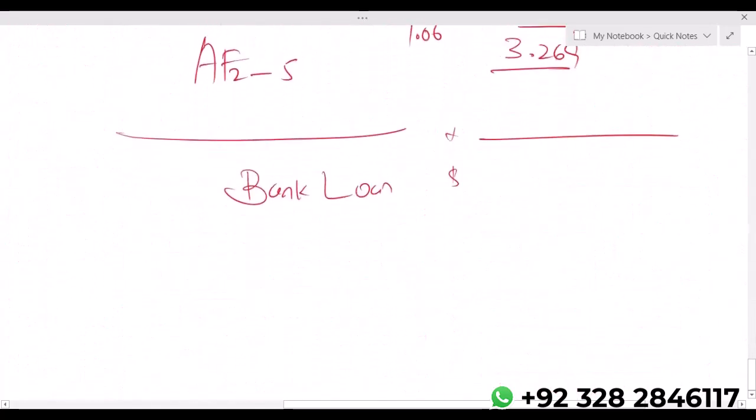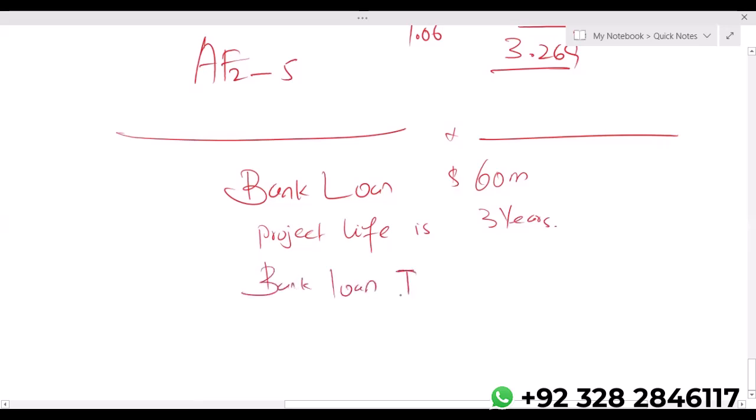Assuming bank loan is 60 million. Project life is 3 years. Bank loan interest rate is 8%.